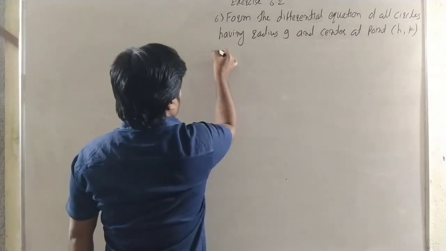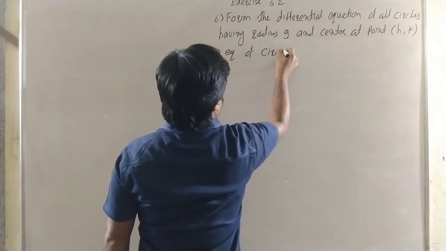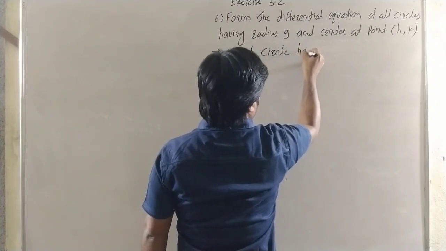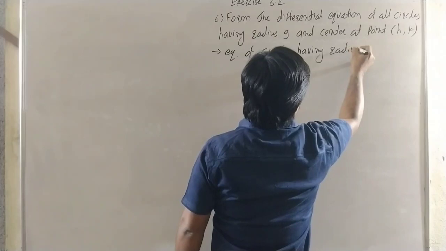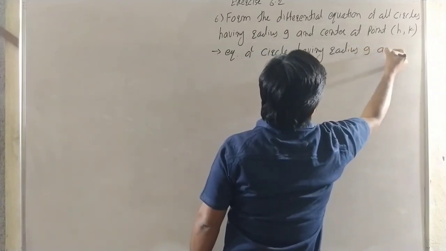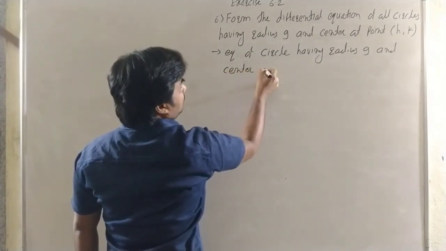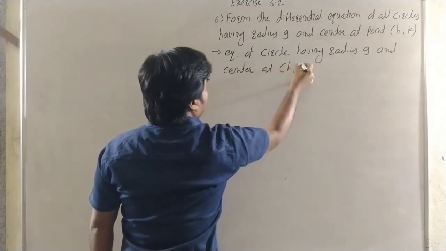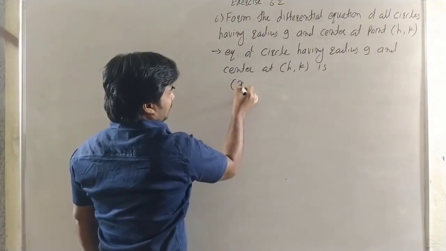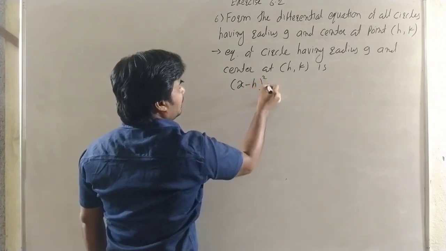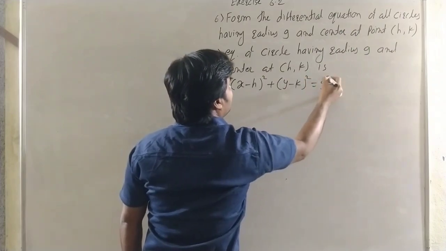Okay. Therefore equation of circle having radius 9 and center at h comma k is here x minus h whole square plus y minus k whole square is equal to 9 square.